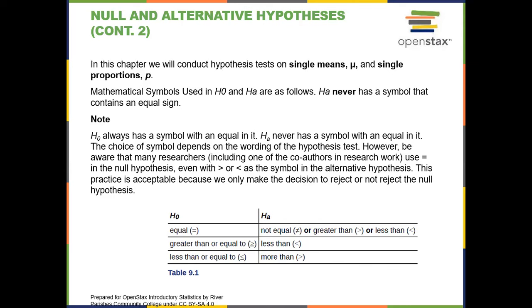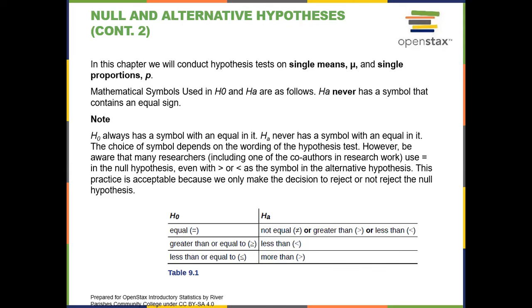However, be aware that many researchers, including the co-authors in research work, use equal to in the null hypothesis, even with a greater than or less than as the symbol in the alternate hypothesis. This practice is acceptable because we only make the decision to reject the null hypothesis or not reject the null hypothesis.